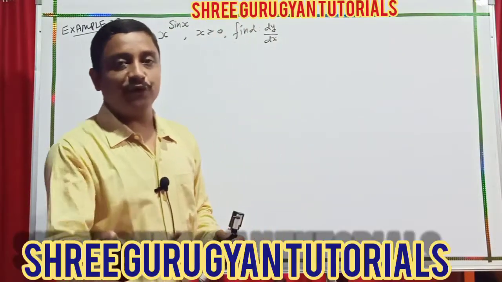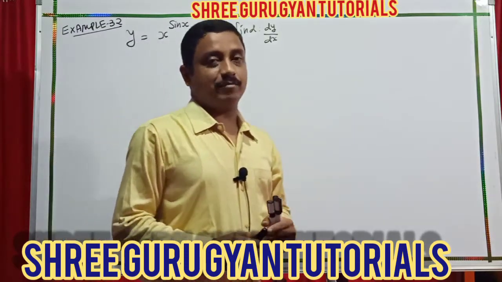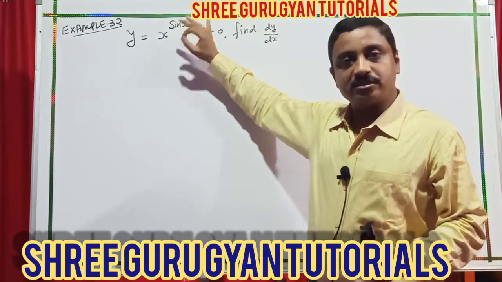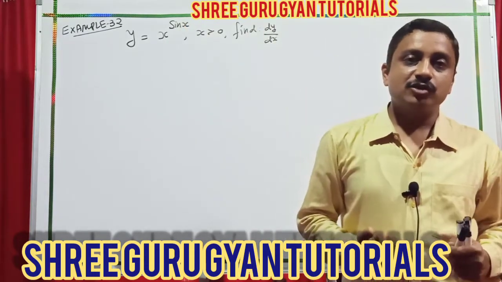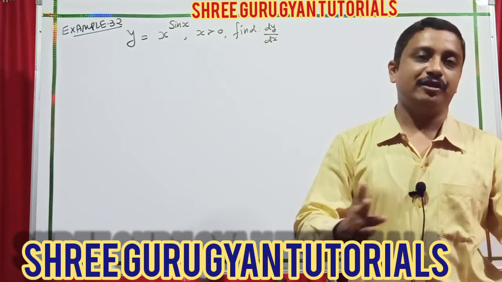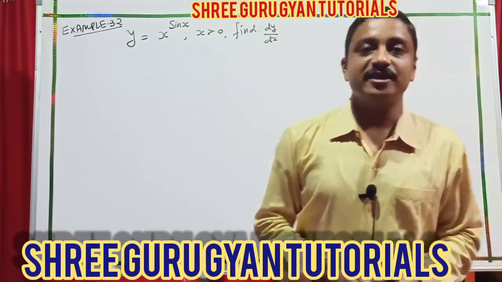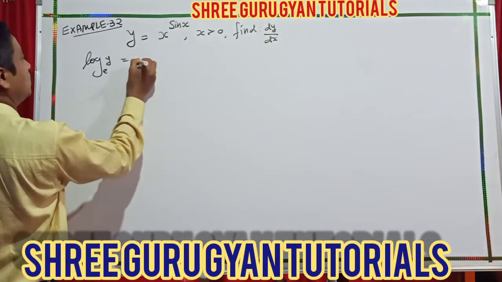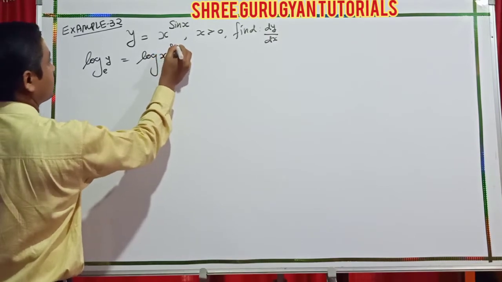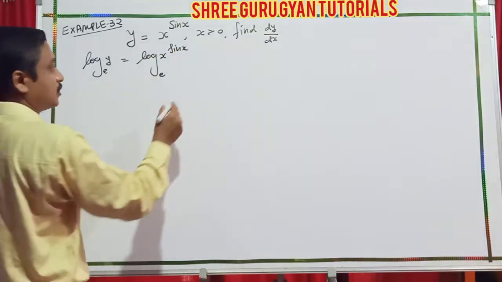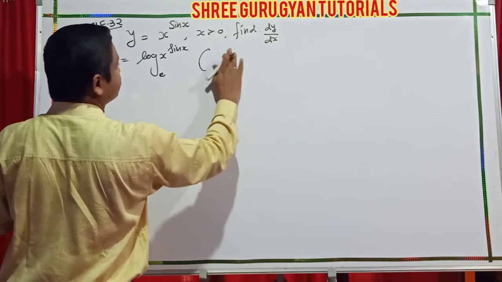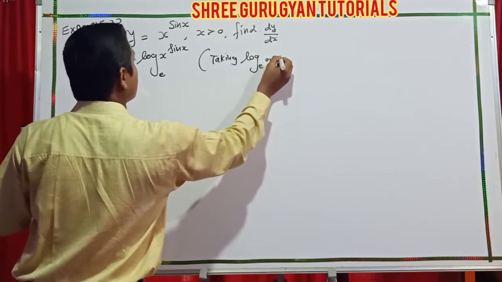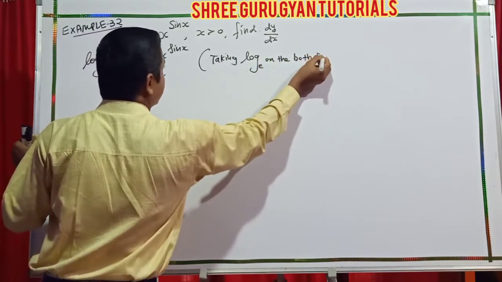Same, students, now I am moving ahead. Next one, our question number 32 example. Here also the base x and the power sin x are both variables. So I start by taking logarithm on both sides with base e, taking the log function with base e on both sides.